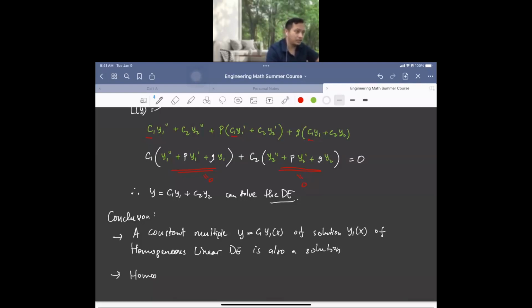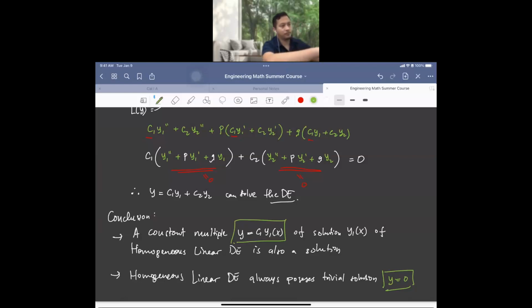And then a homogeneous linear differential equation always possesses the trivial solution in which y is 0. That's the conclusion, the superposition.